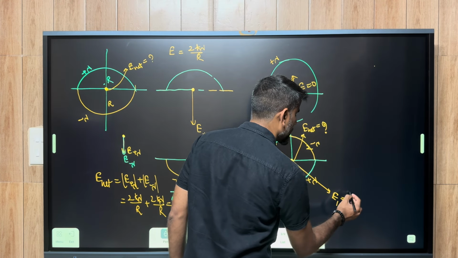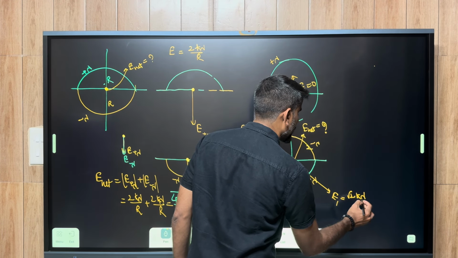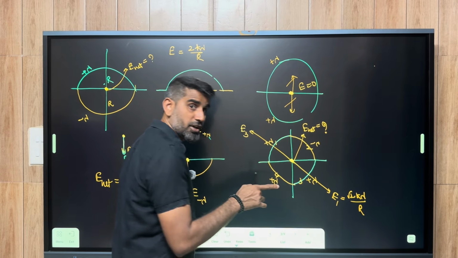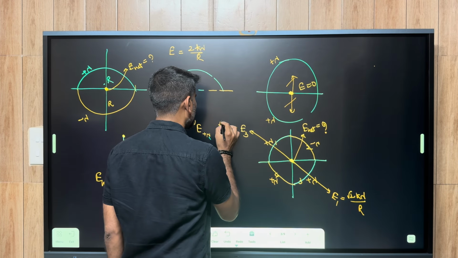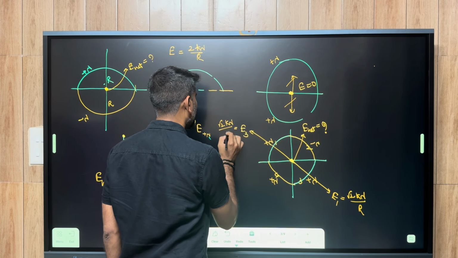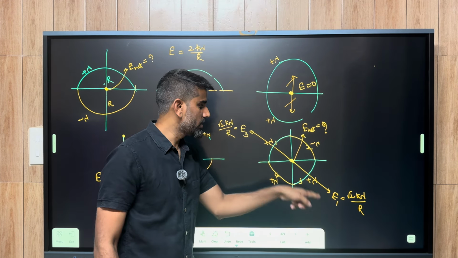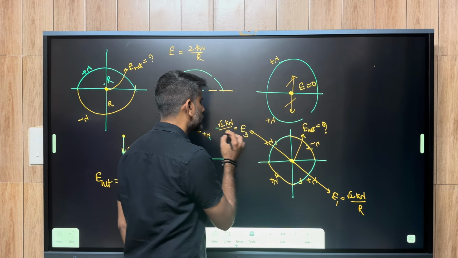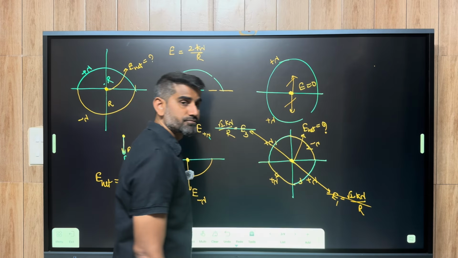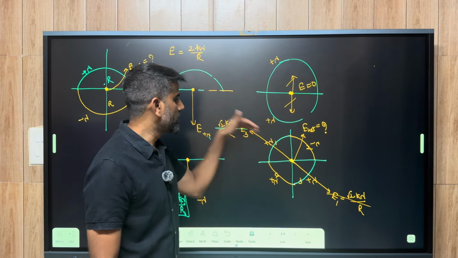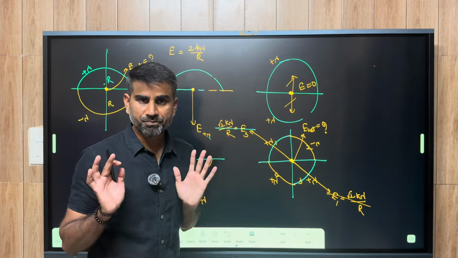This E1 is nothing but root 2 k lambda by r, as we have already determined, and this is also root 2 k lambda upon r. Two equal fields acting in opposite directions, so they cancel out. That means the net field along this direction is 0.